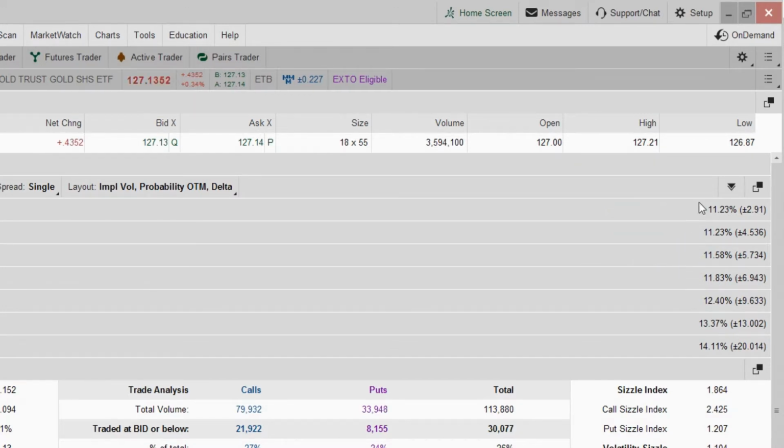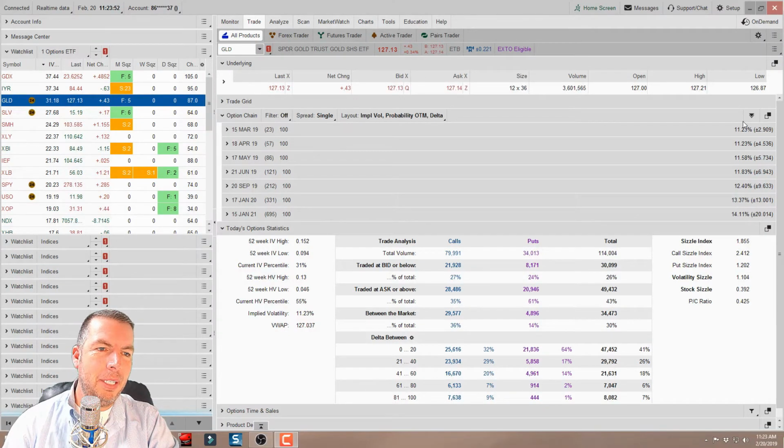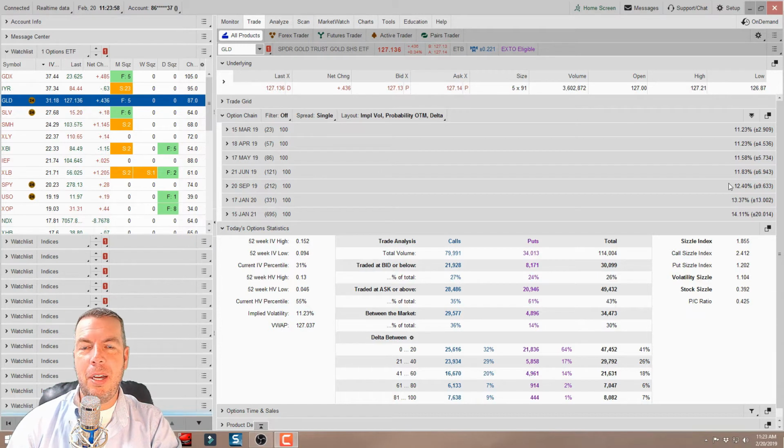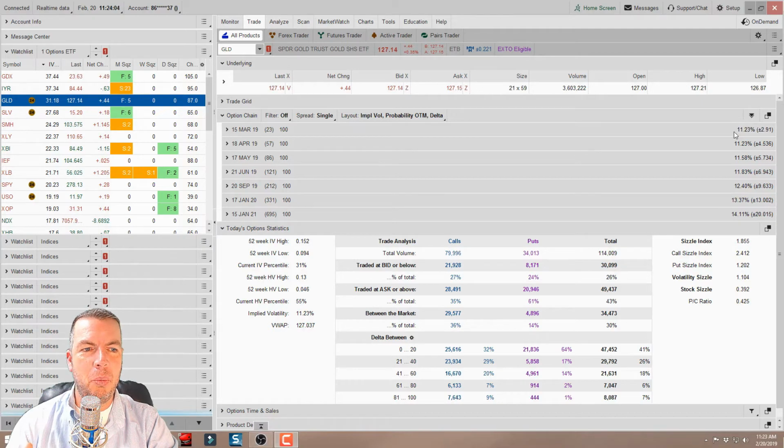When we're looking at each one of these series of options, you can see immediately which options chain has the highest risk. So that's what that really is right here. That's just the annualized expected move.